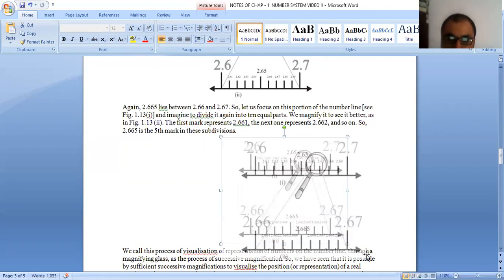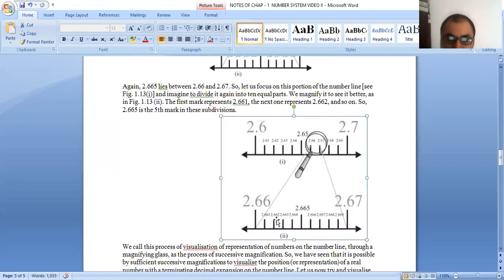Okay, it is visible now. 2.661, 2.662, 2.663, 2.664, 2.665. This is the mark which is seen for 2.665. I have got 2.665 on the number line.